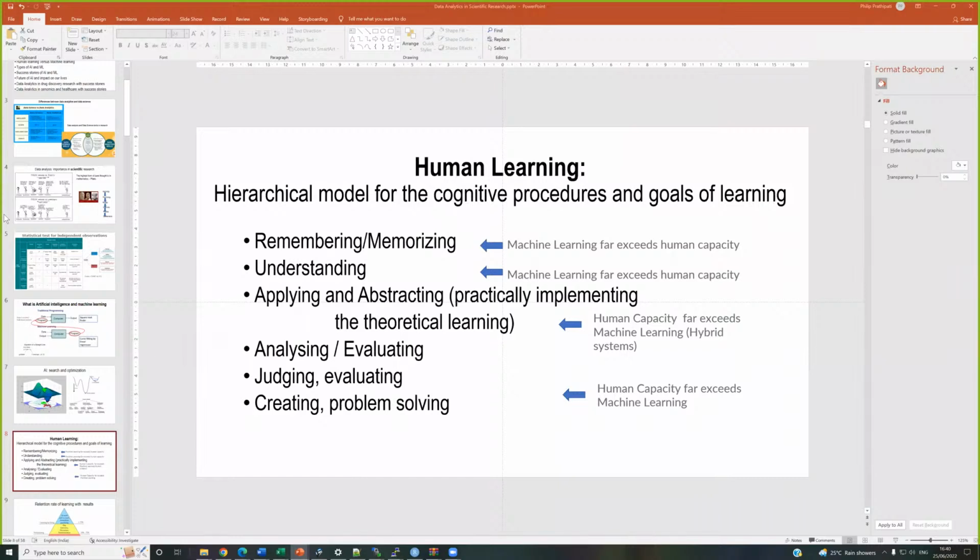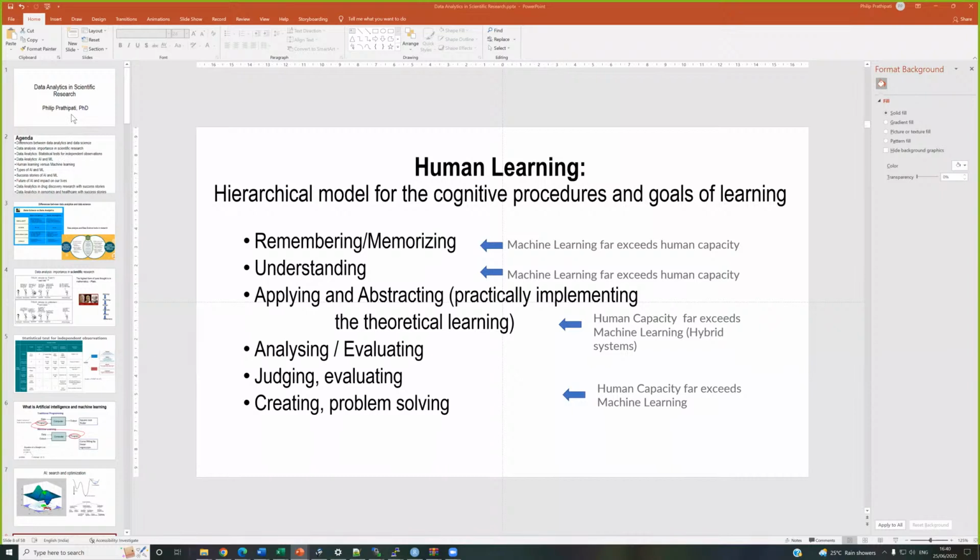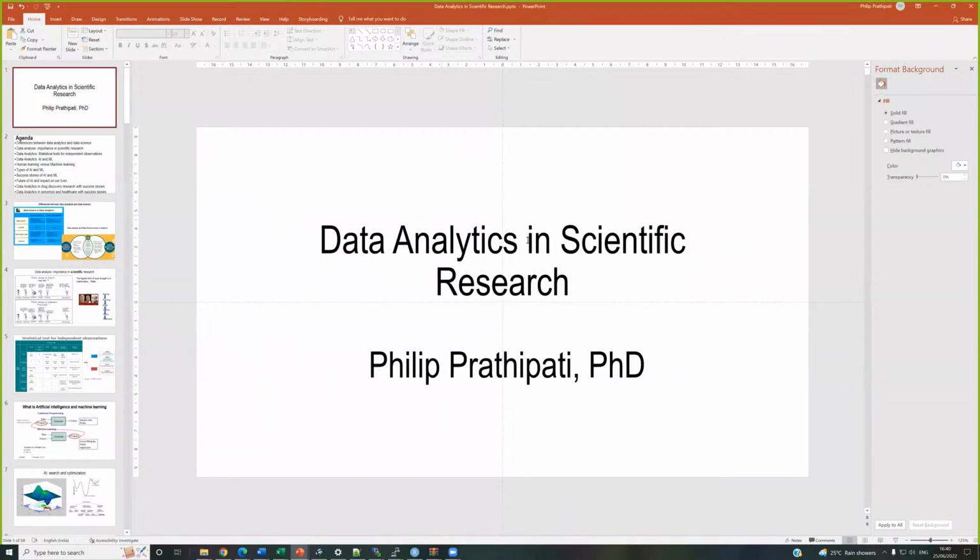Scientific research is not just drug discovery and biotechnology or genomics or life sciences, but I made it general that it is used everywhere, because nowadays there is a lot of interchange. It's because the title is data analytics and scientific research. So I just wanted to give an overview.